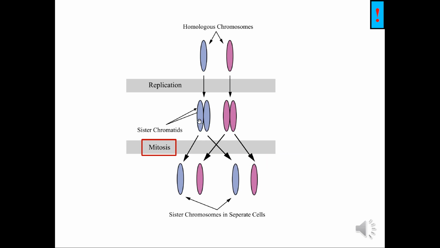So let's then talk about the most basic form of these types of divisions, the mitotic and meiotic division. So this slide you're seeing here, this is a mitotic division.